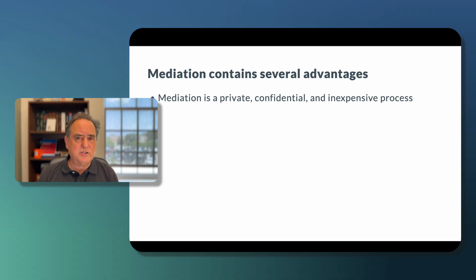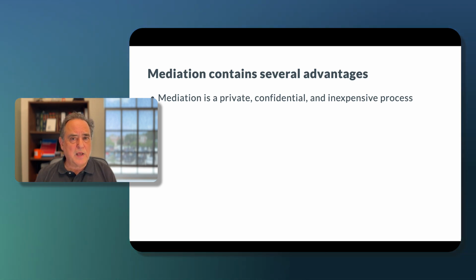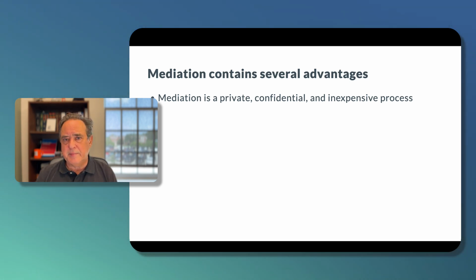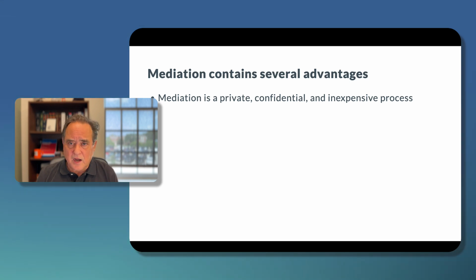Most mediations are heard within a day, only a day-long mediation, and so that's going to be relatively inexpensive. The mediators themselves are rarely very expensive. And so mediation can be inexpensive, and of course it's confidential.